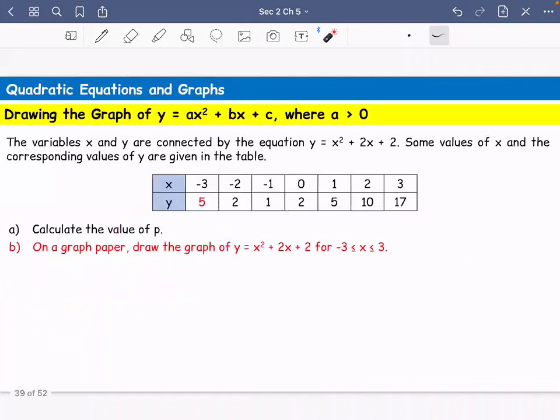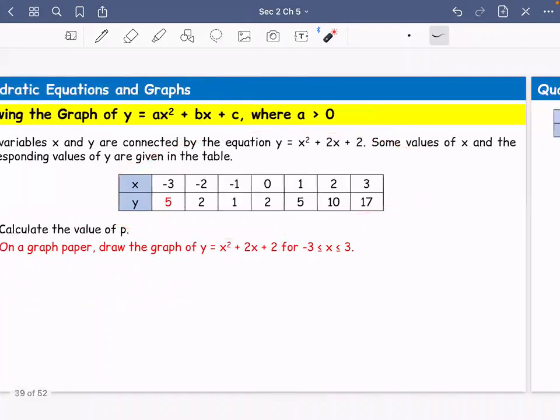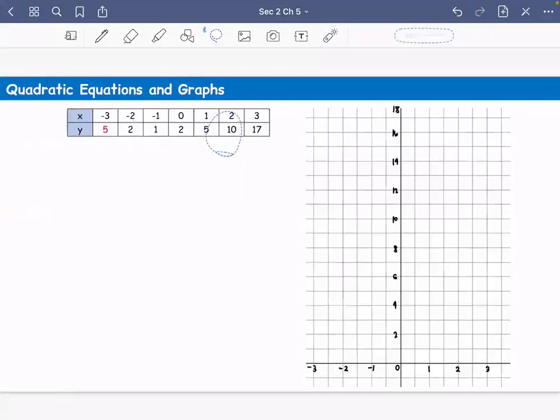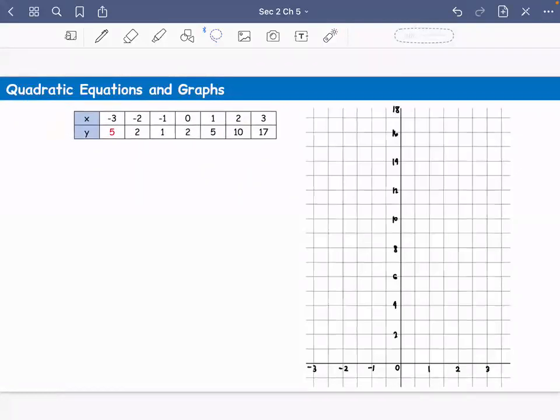Now for letter B, since we have completed our table, we will now graph this equation here using these points. Okay, so please listen carefully as we graph these points. So I have prepared this on my slides, and then I have here my prepared Cartesian plane, my x and y. Okay, so this is my x-axis, and this is my y-axis.